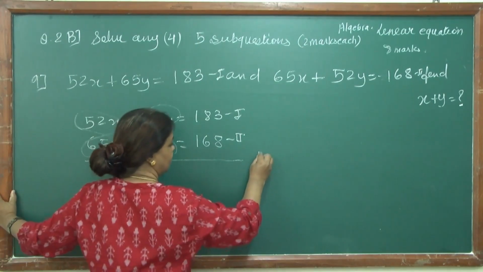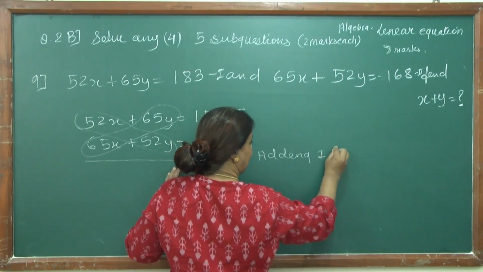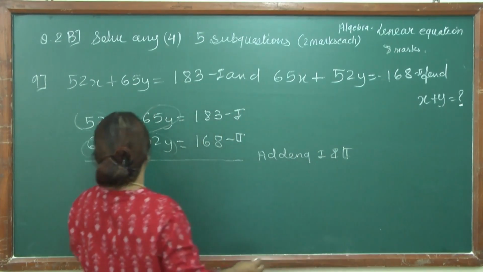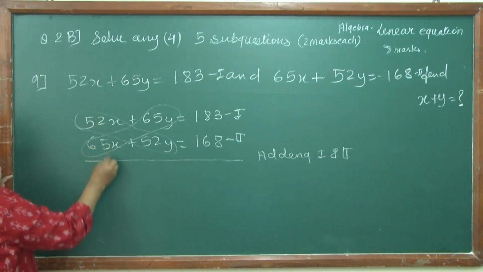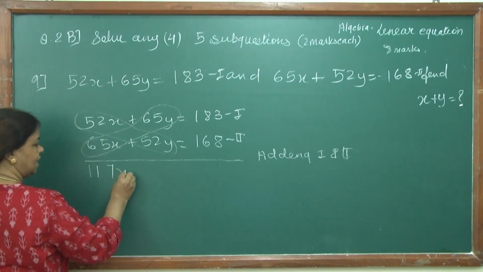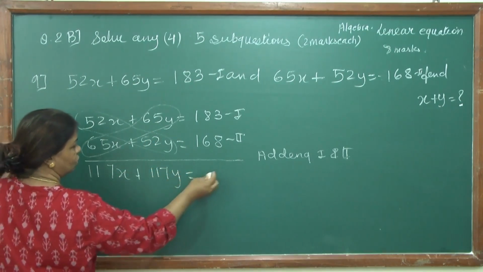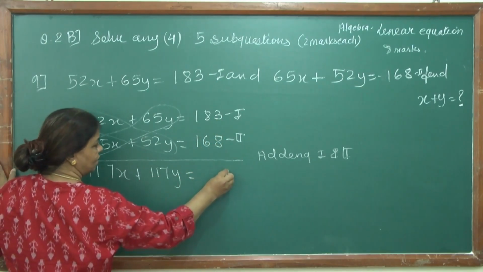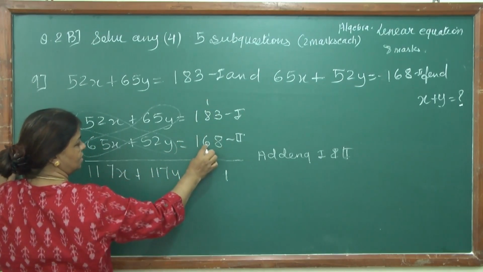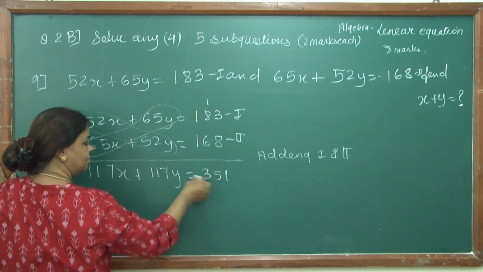Let me write here adding 1 and 2. What do we get? See, 5 plus 2 is 7, 5 plus 6 is 11, 117x plus again 117y is equal to 183 plus 168 is 351.